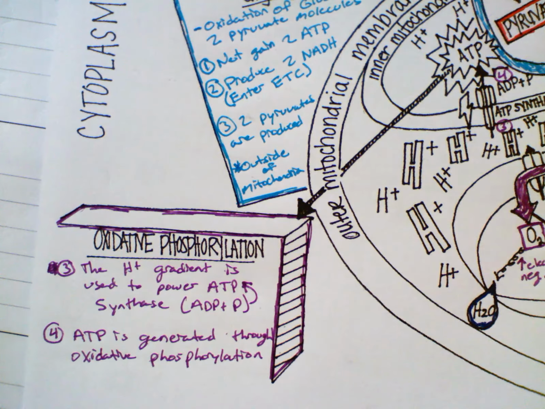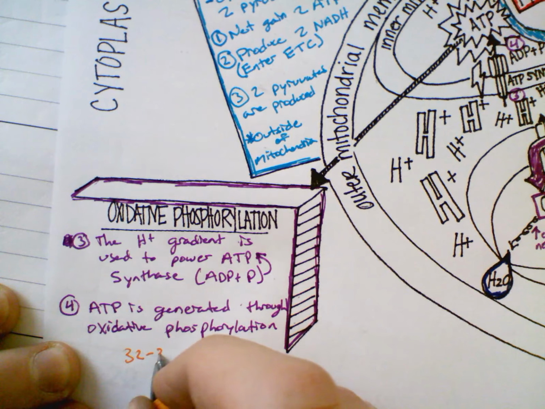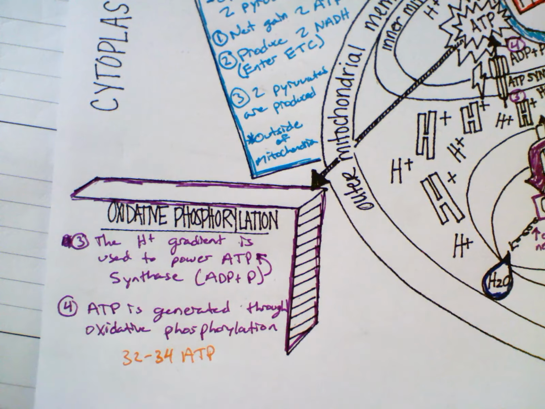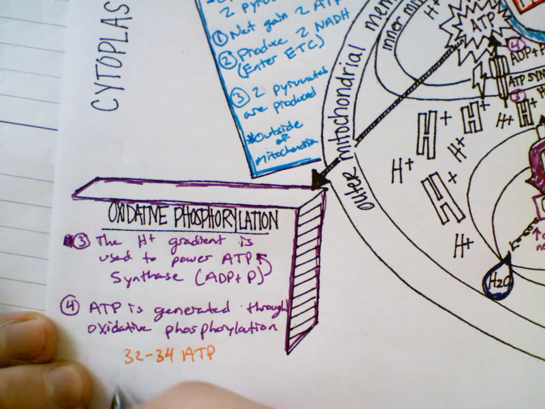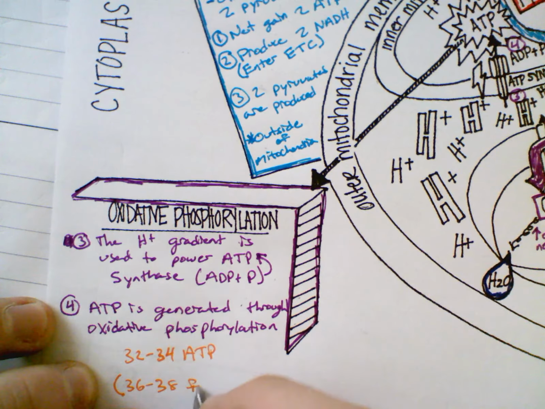And this is what we end up with. We're going to get 32 to 34 ATPs here, depending on the internal conditions within the cell or within the mitochondria. For the entire process, this would correspond to 36 to 38, depending on the conditions.